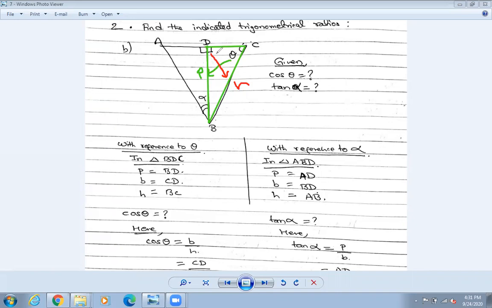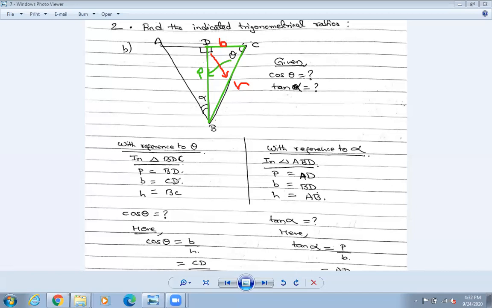And what is the remaining one now? Alpha. So theta is there, 90 degrees is there. That means what do we call the one that remains? We call it base. So what is the name of this base? What are the two points? D and C. So the name is DC, otherwise you can write CD also.